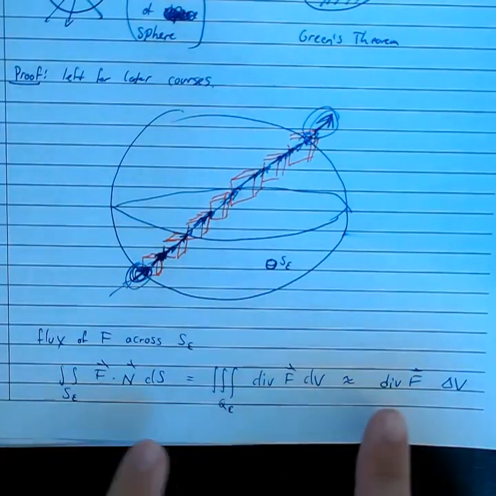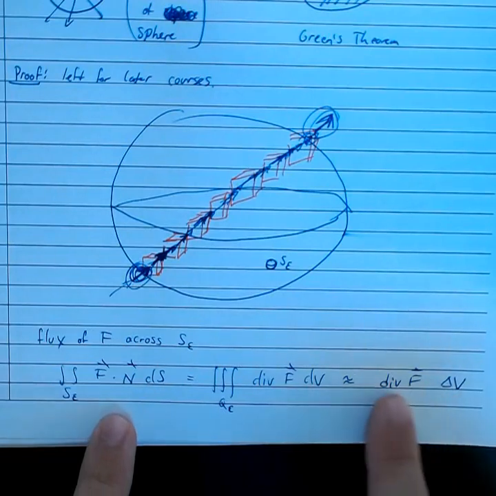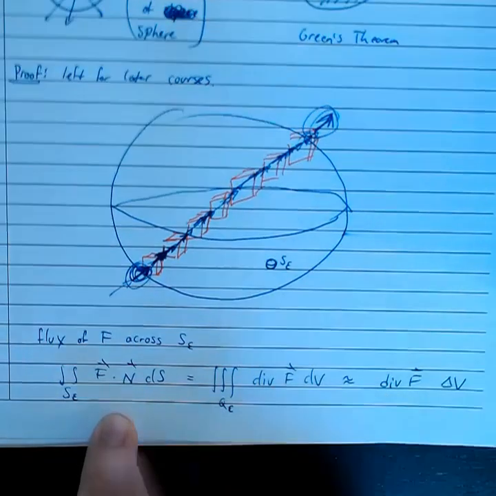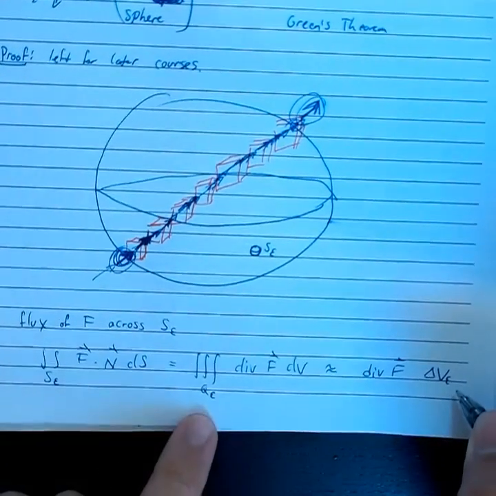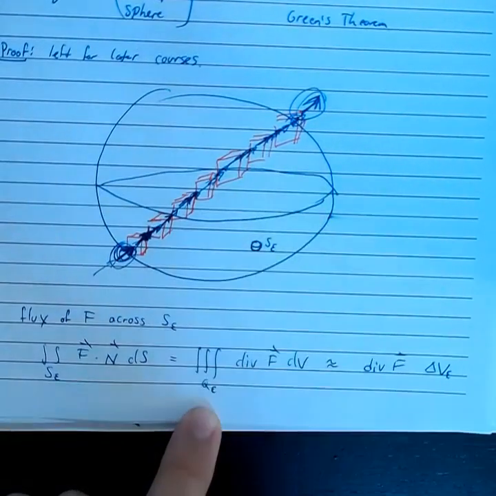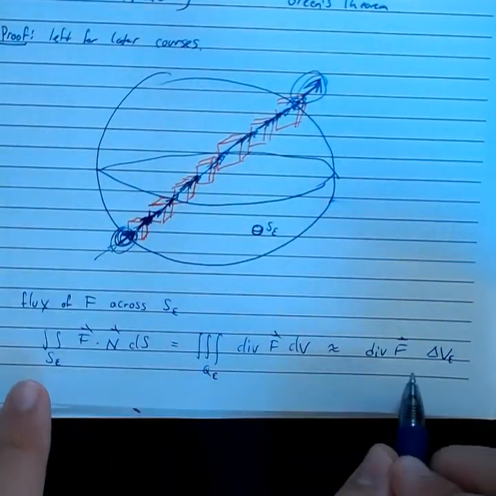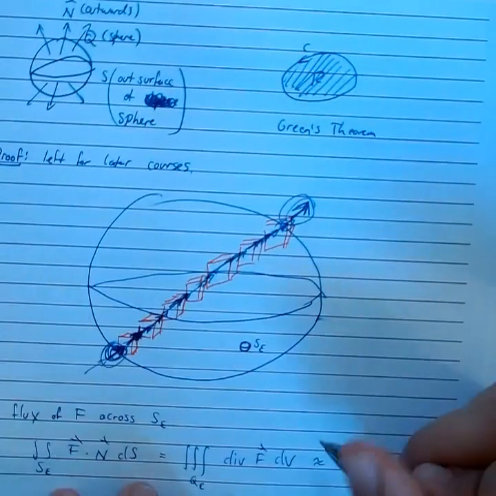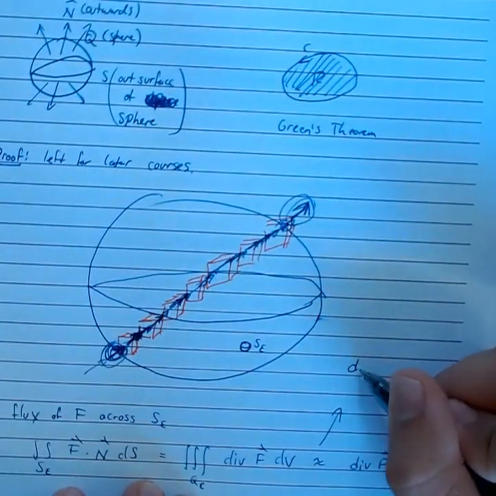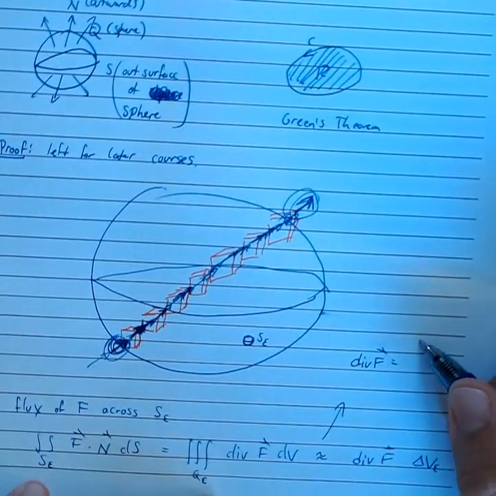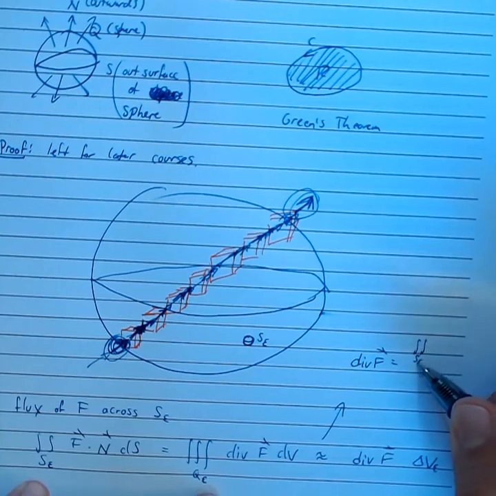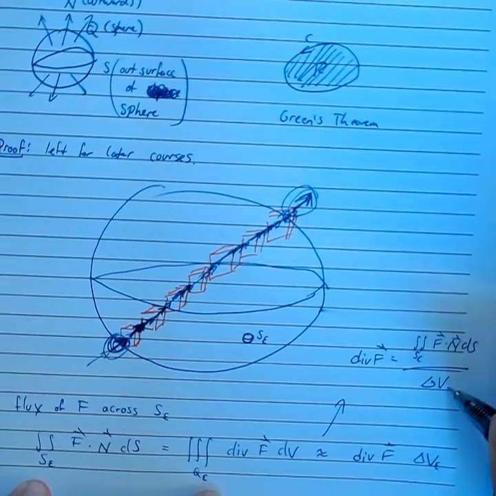But now, if I want to figure out what this divergence means, notice it's practically by itself already. I just need to divide this out. Let me say volume epsilon. I'm just using epsilon to denote that it's a very tiny little piece in there. So now if I divide both sides by this, I get that the divergence of F is equal to the surface integral over S epsilon of F dot N dS over delta V epsilon.